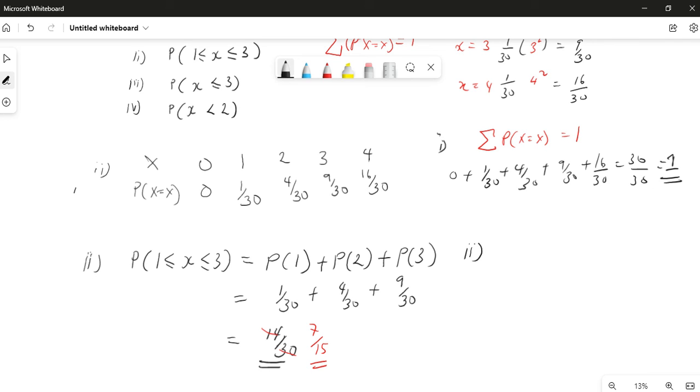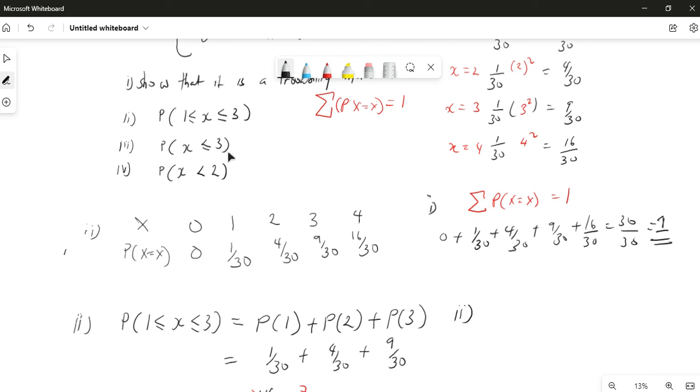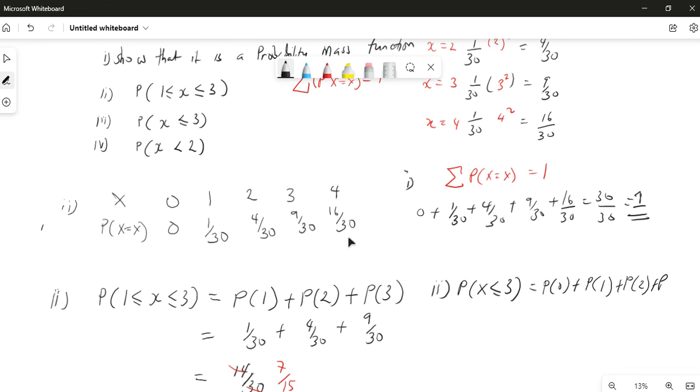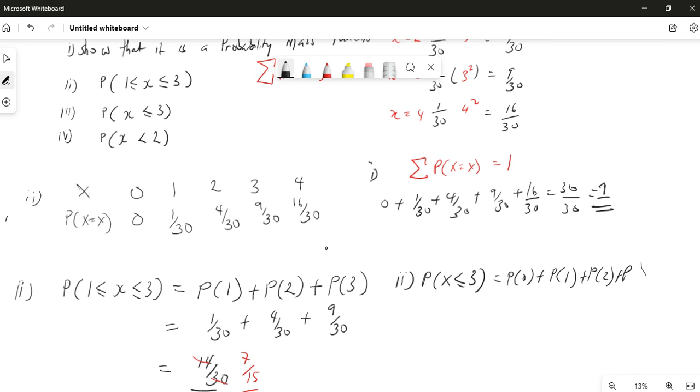All right. The next one, the probability that our random variable is less than or equal to 3. So this includes the probability of 0 plus the probability of 1 plus the probability of 2 plus the probability of 3, because it's less than or equal to 3.